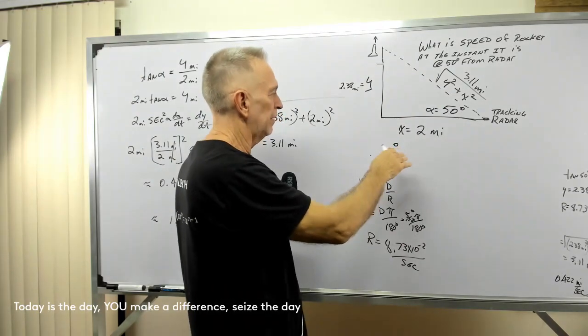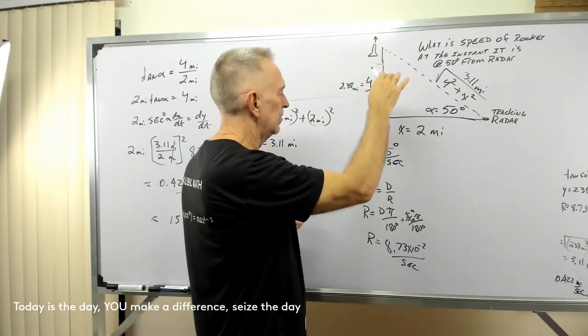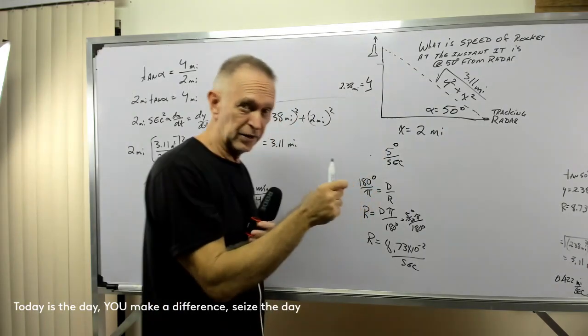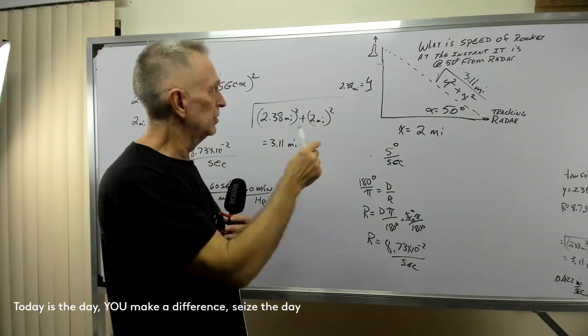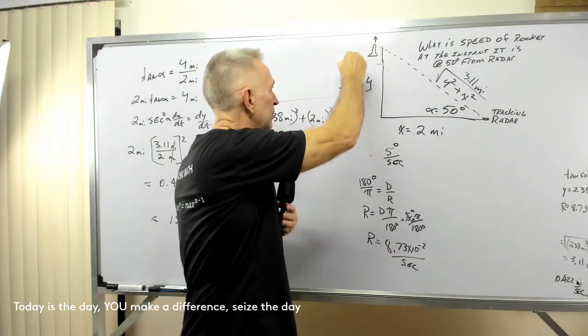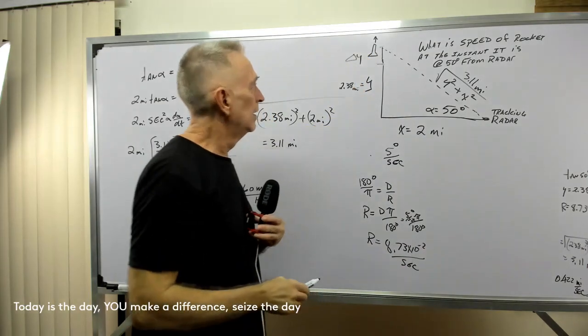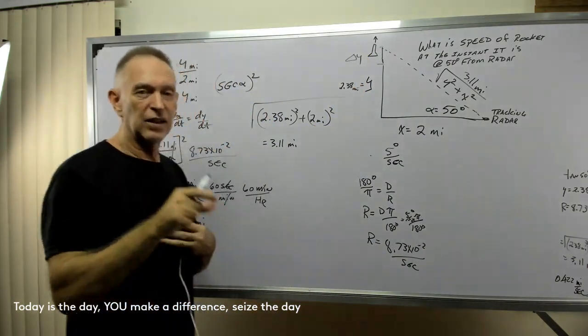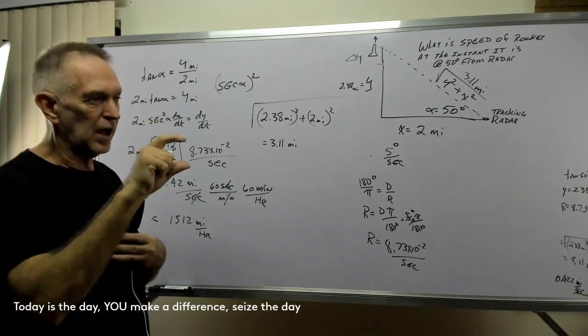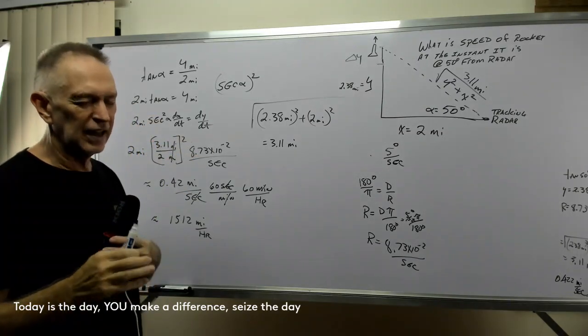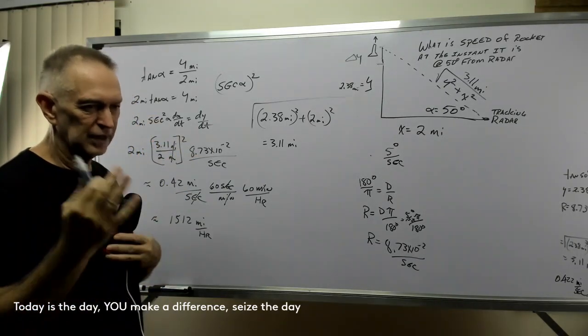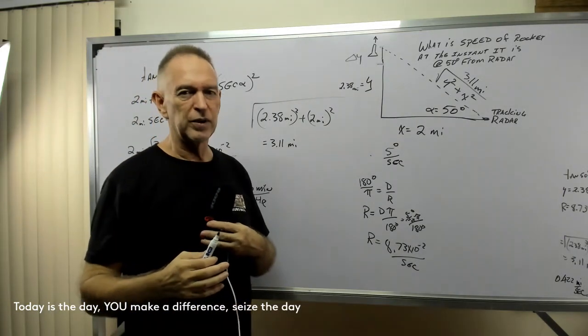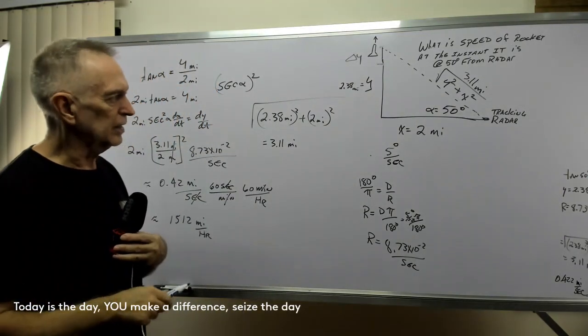And then 5 degrees later, which was a second later, I'm at 50 degrees. So I looked at delta y, and I went that delta y in 1 second. And I don't remember the exact number, but it was, I think, around 1,350 or something like that.